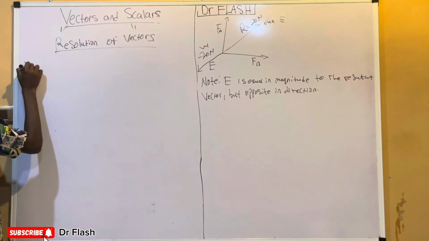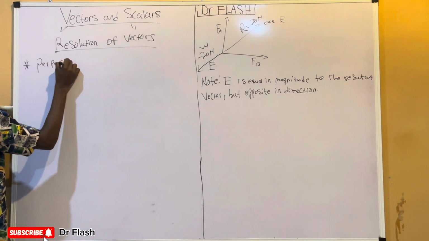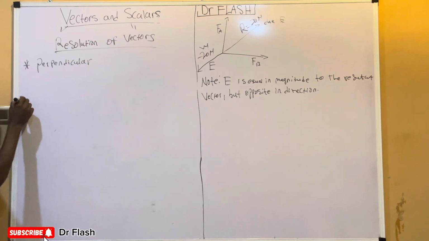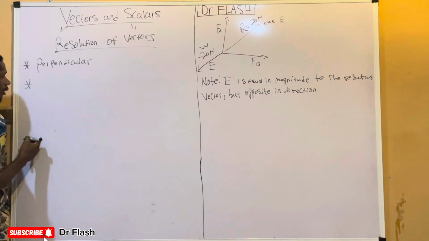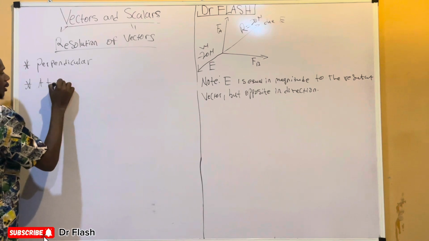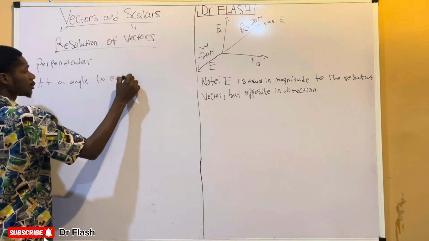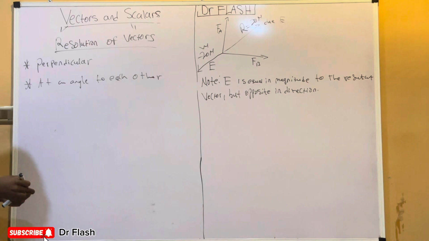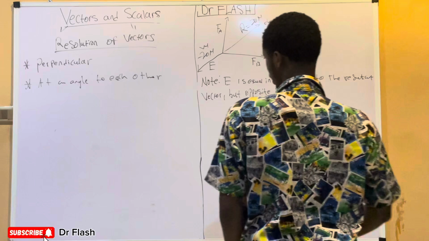I'm going to talk about when vectors are perpendicular, and then I'm going to talk about when vectors are acting at an angle to each other. When vectors are perpendicular and when vectors are acting at an angle to each other.